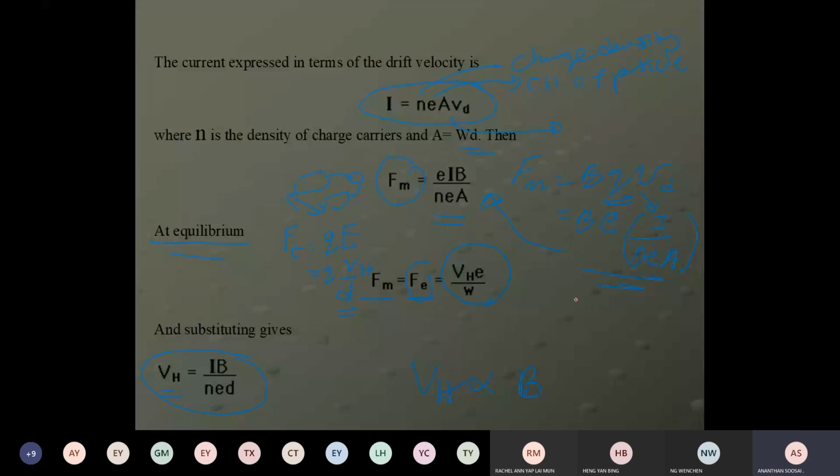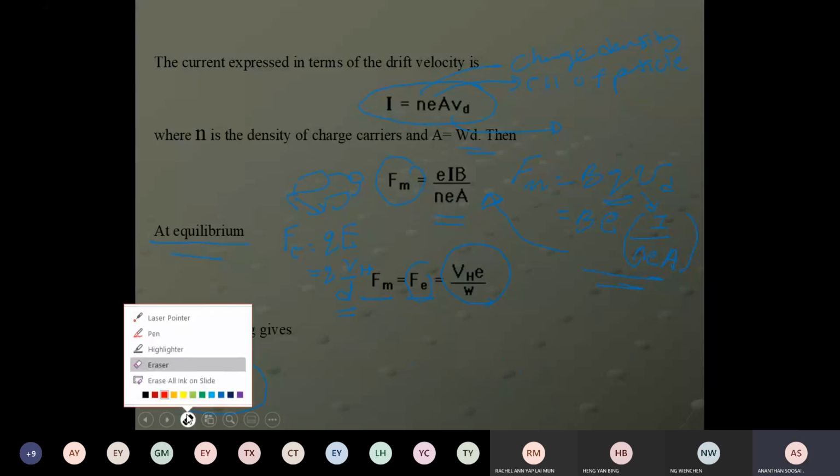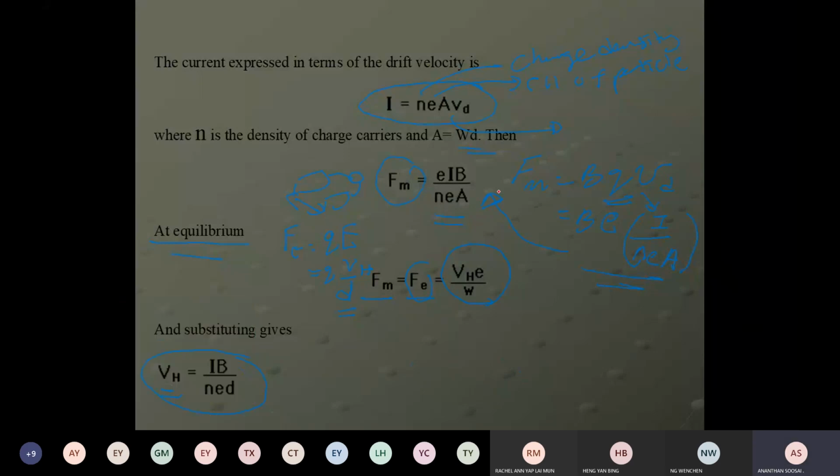Okay, so let me do it here. Erase this first. Okay, so EIB over NEA is equal to VHE over W. We are equating the magnetic force to the electric force.